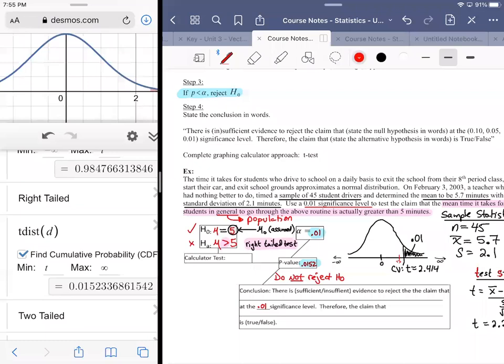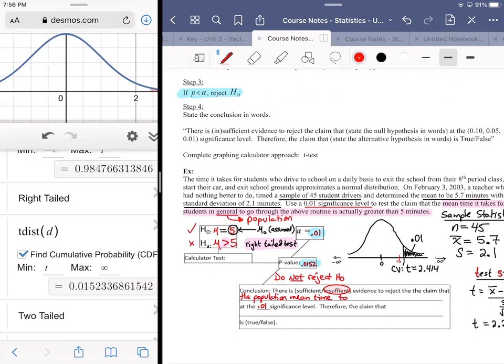So there is insufficient evidence to reject the claim that the population mean, you can paraphrase. What are we talking about? Leaving school, right?